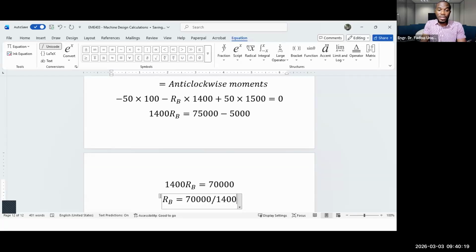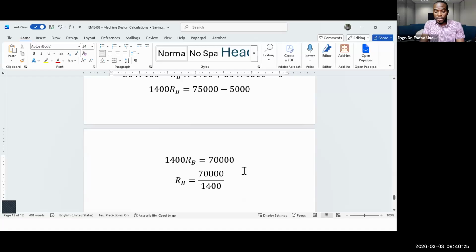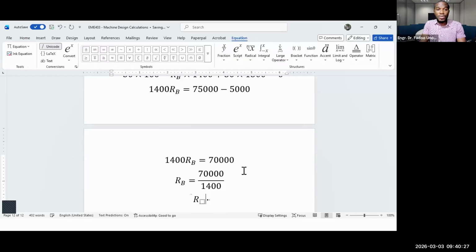1,400. Yeah, and Romanus has given us the answer already. Okay, and that is going to give us our RB to be 50. Okay, don't forget the units, 50 kilonewtons.